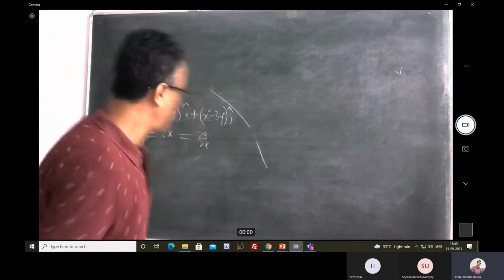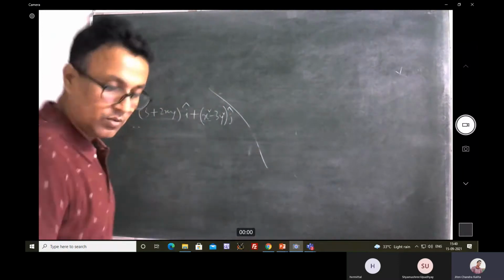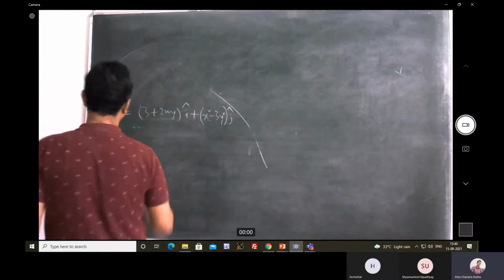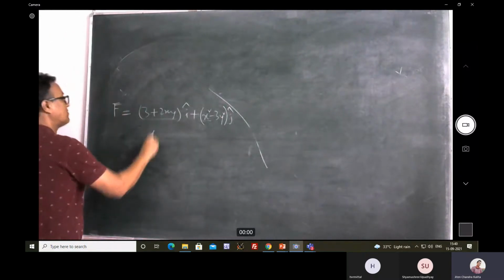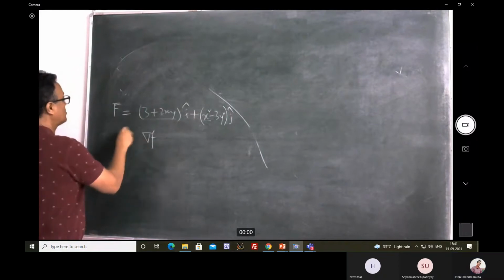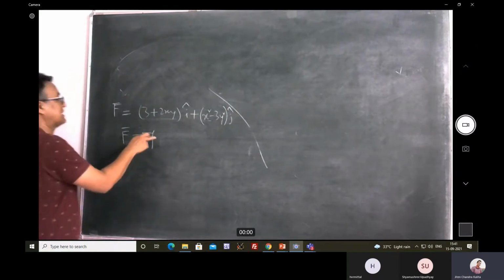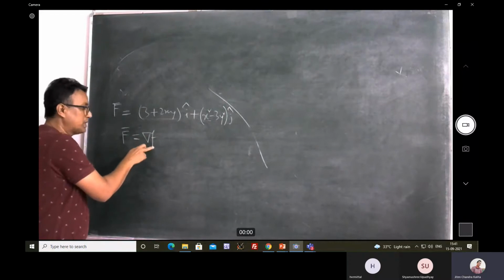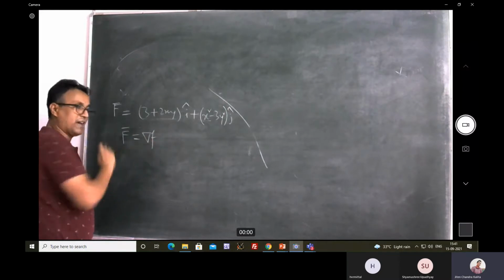Now the next question: we have found that this is a conservative vector field, so there must exist a scalar function small f such that capital F equals grad f. How do we find that scalar function f?